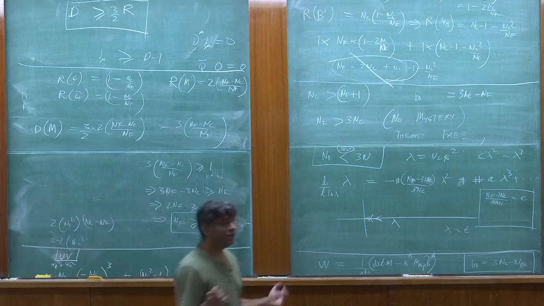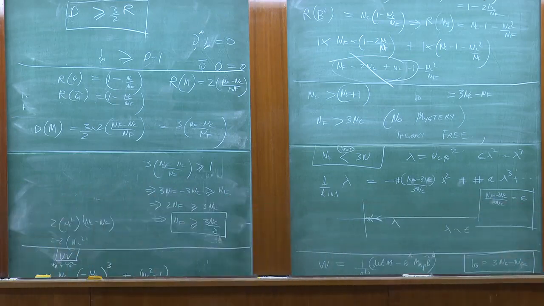So what have we concluded? We've concluded that our picture for what is going on in the IR of this theory cannot be true for NF less than 3 NC by 2.